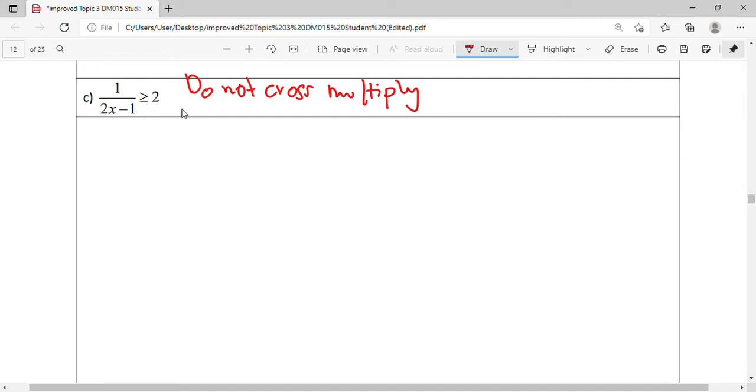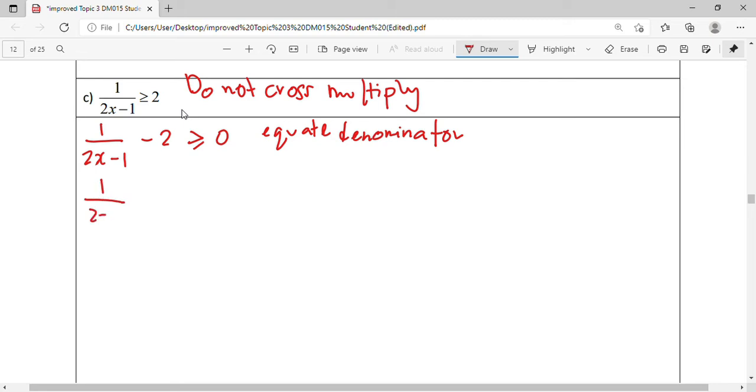So you will get 1 over 2x minus 1 minus 2 greater or equal to 0. Then what should you do? You equate the denominator. So 1 over 2x minus 1 minus 2 times 2x minus 1, over 2x minus 1, greater or equal to 0.